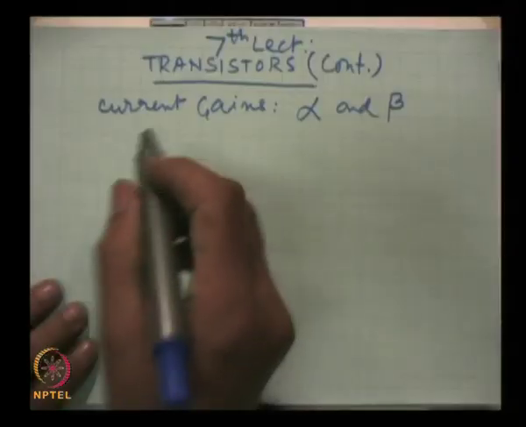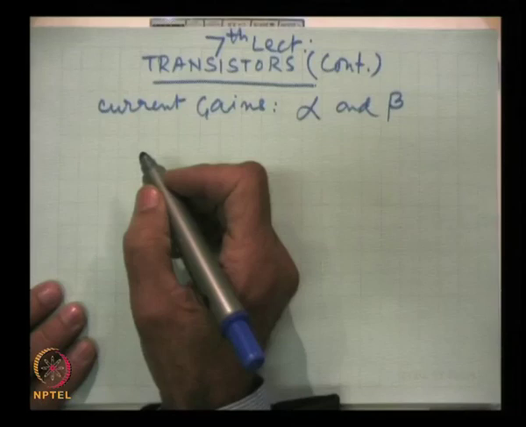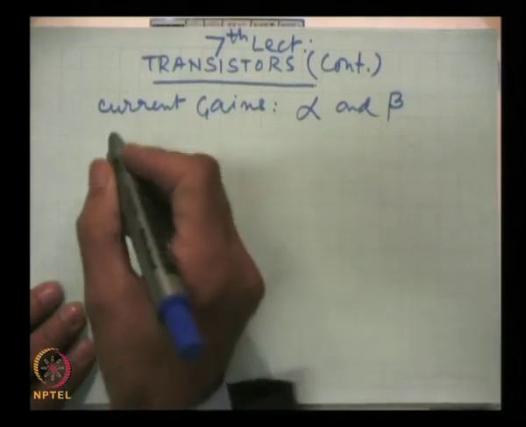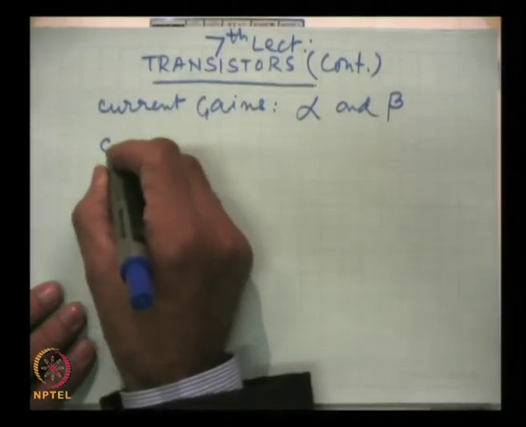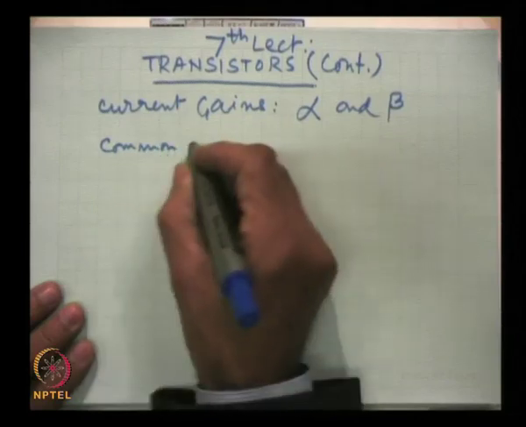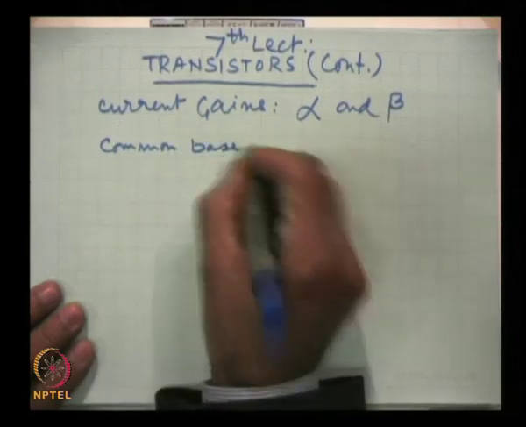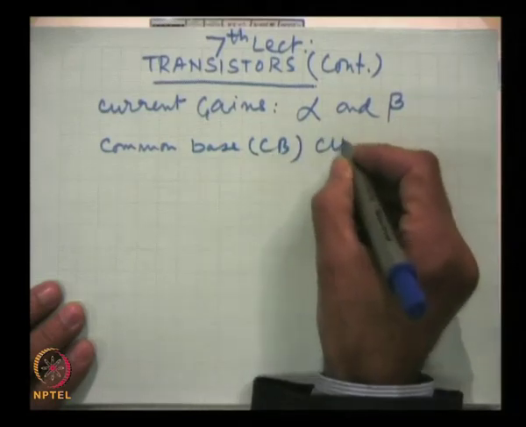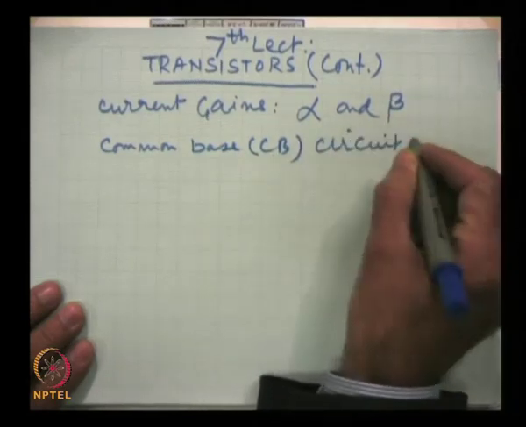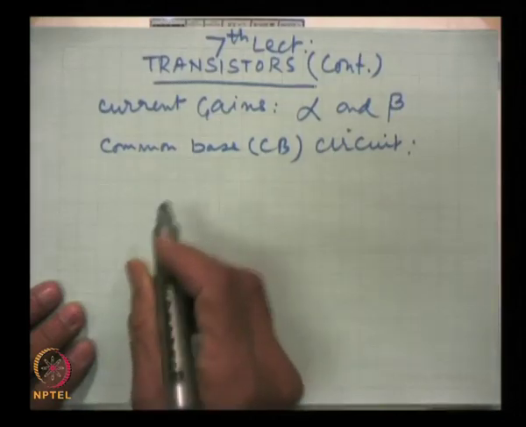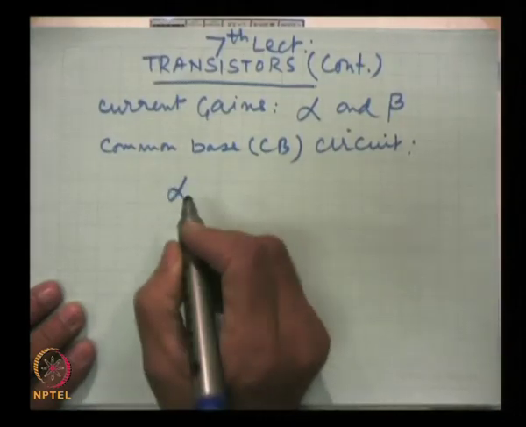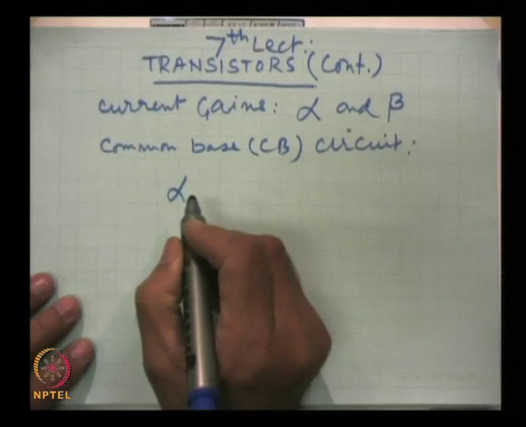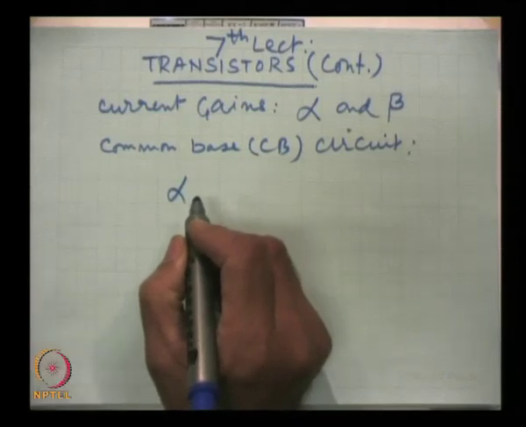Alpha is the current gain which is observed in common base circuit, that is CB circuit. And this is defined because at present we are considering the DC signals.